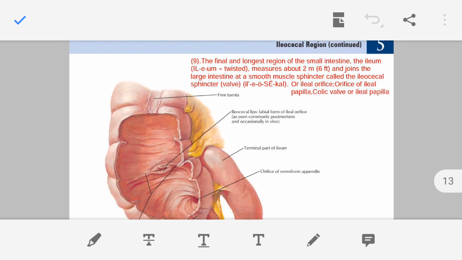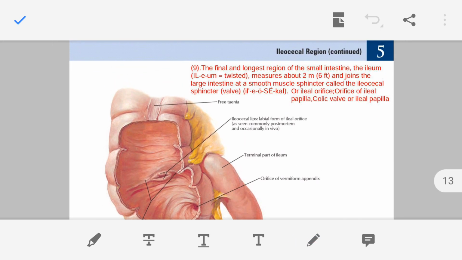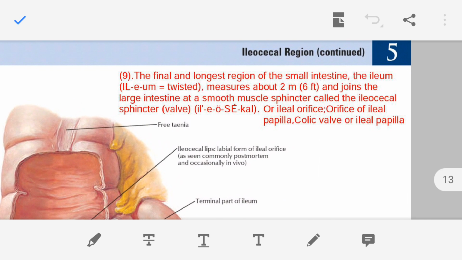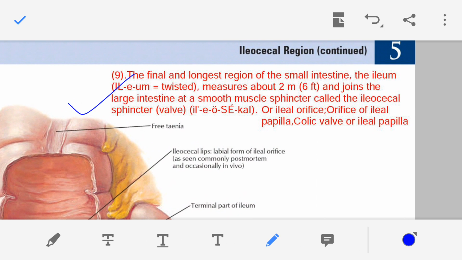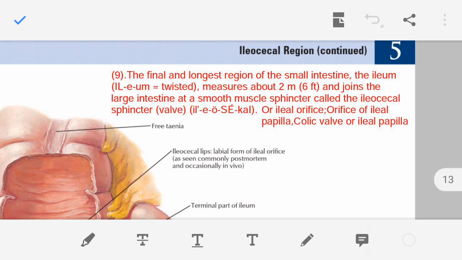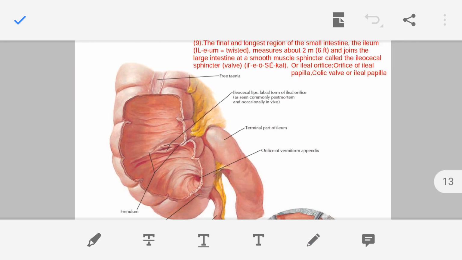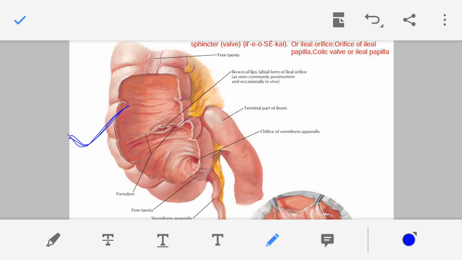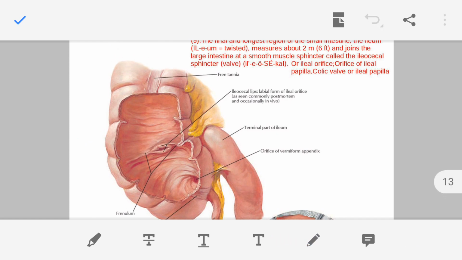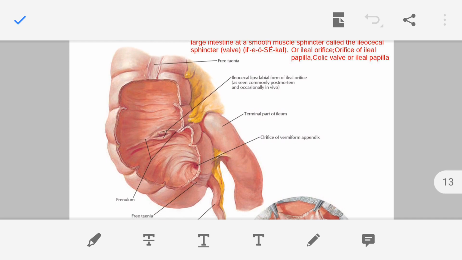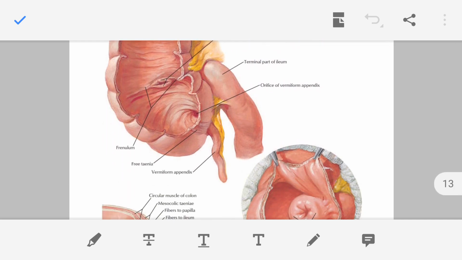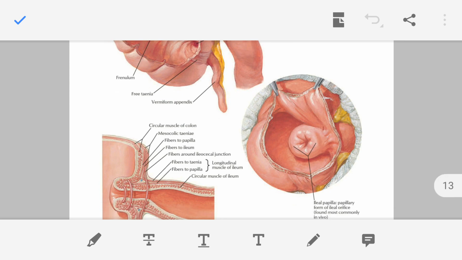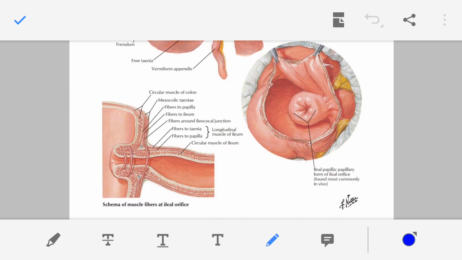Here I am showing you the entire point, and these are the figures. If you have any doubt, you can try to understand on your own. I have tried my best to explain this, that is regarding the sphincter.